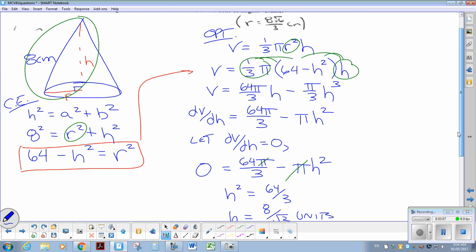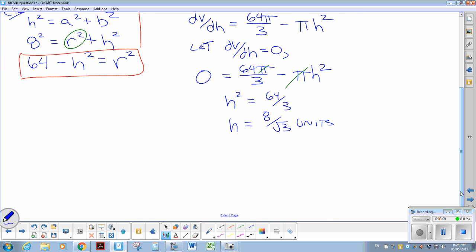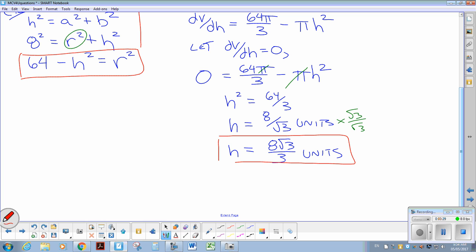And I'm going to rationalize the denominator. I'm quite happy with it in this form. Again, if you go to university and you're taking a math course, they'll want it rationalized. And it's going to just help me get to my correct radius right away. So I have 8 root 3 over 3 units. So there is my height for optimization.